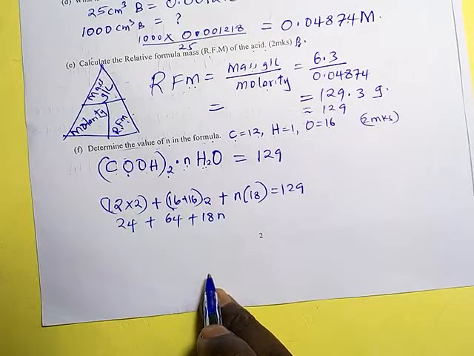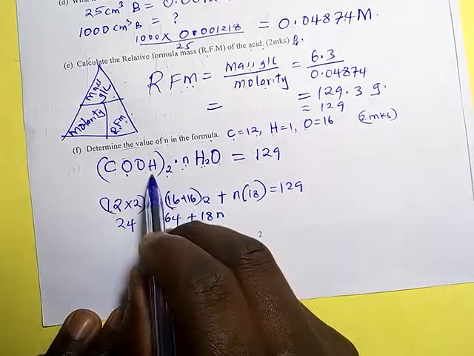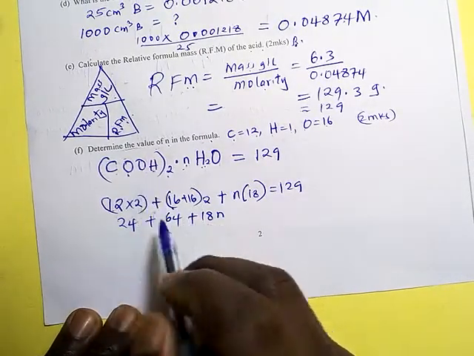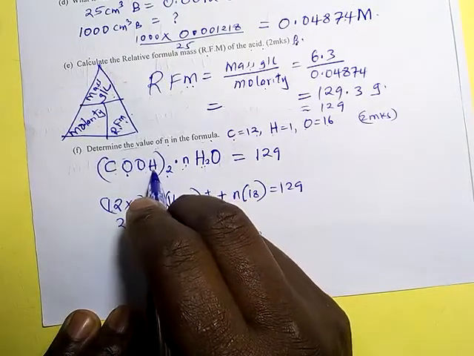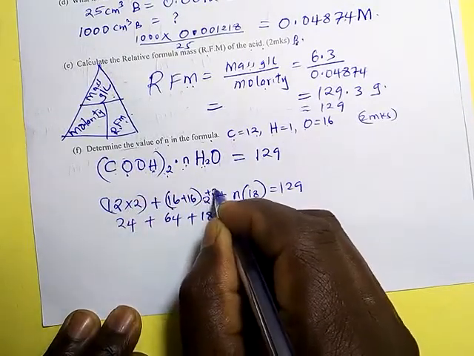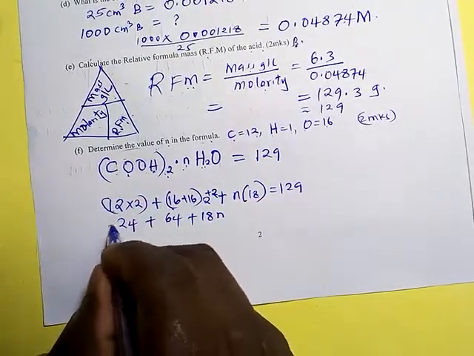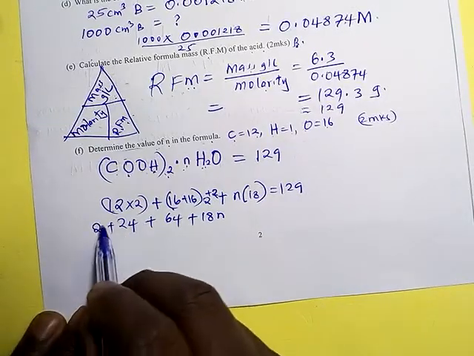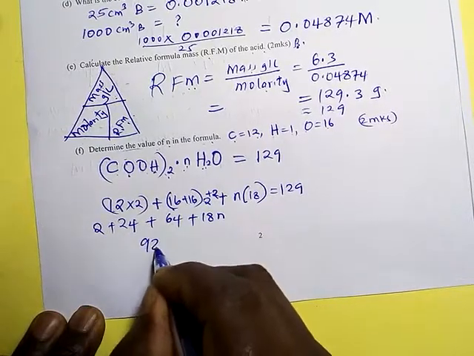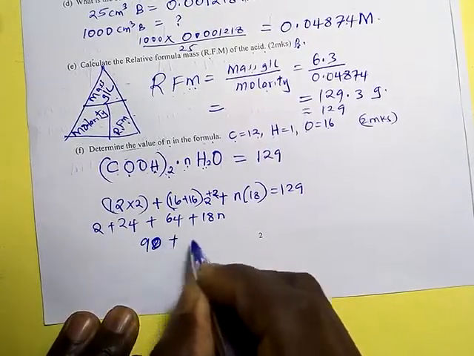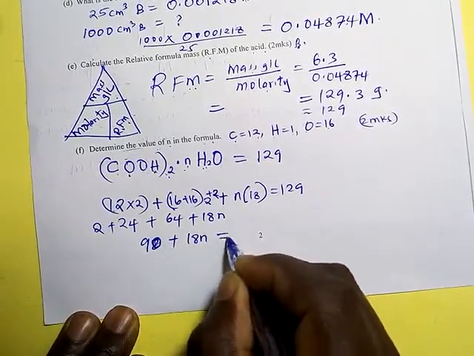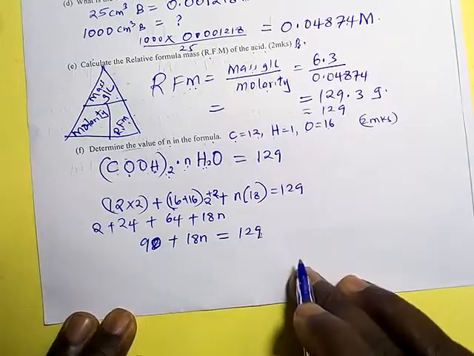So 64, I have left out hydrogen, plus hydrogen has got 1 times 2, 2. So we must not forget that, so plus 2. Add everything here and it will give you 90 plus 18n is equal to 129.